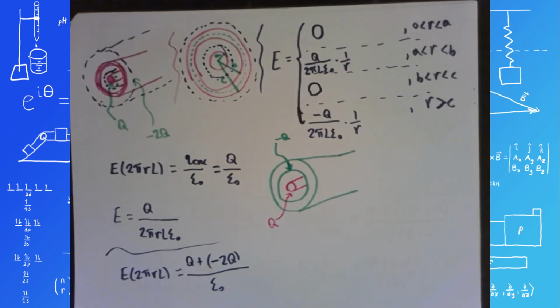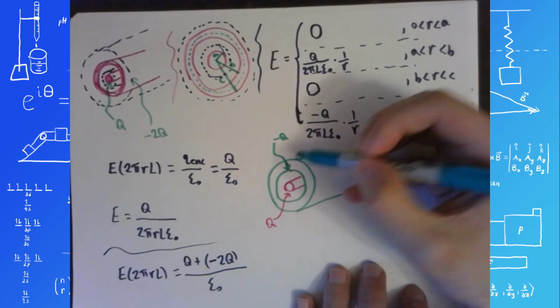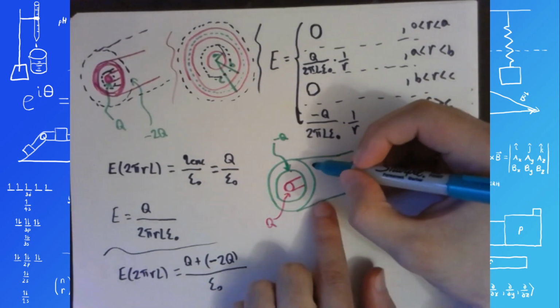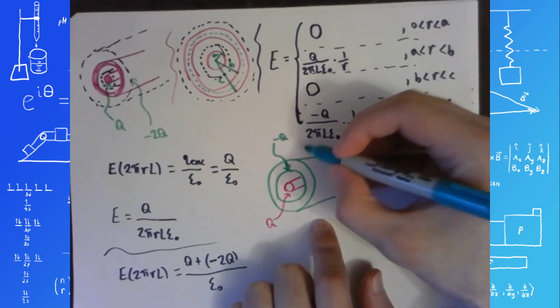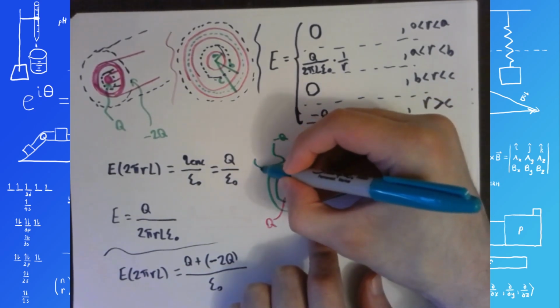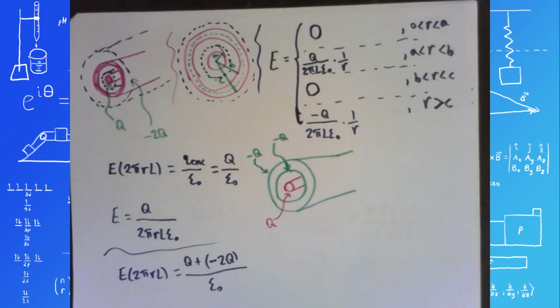And since the total charge on the outer cylinder is negative 2Q, since I already have negative Q on here, that means that whatever charge is on the outer surface combined with this negative Q adds up to negative 2Q, so I also have another negative Q on the outer surface of the outer cylinder, giving you your grand total of negative 2Q.